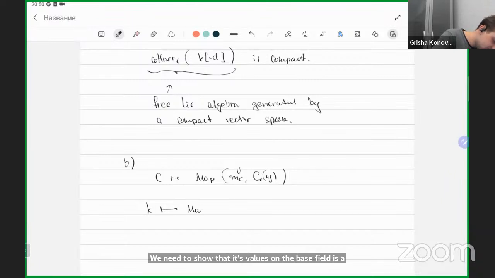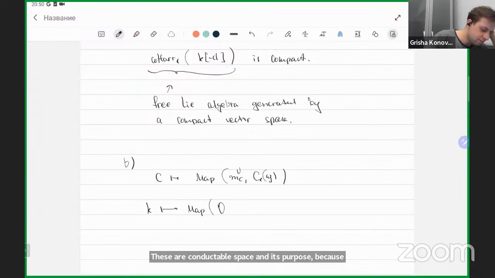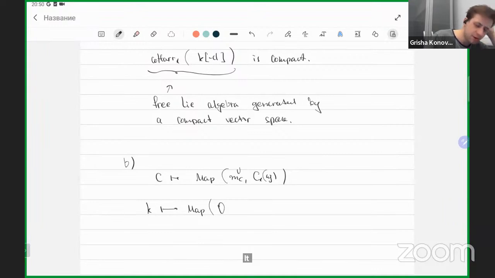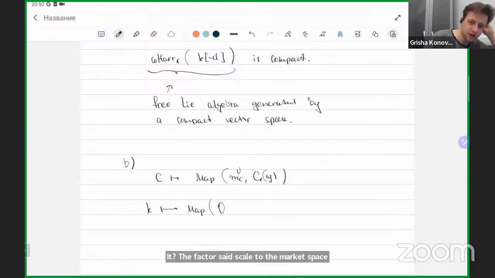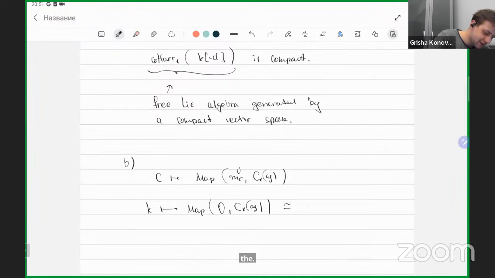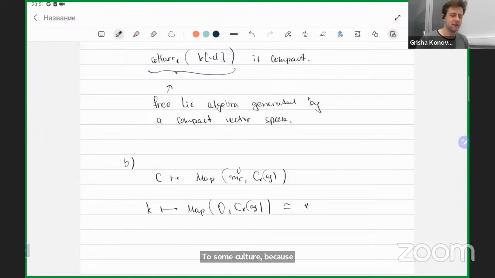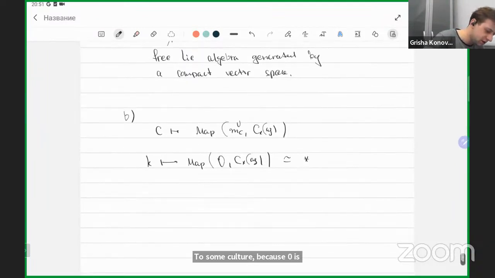And this is obvious because this is going to be the functor that sends k to the mapping space from the trivial coalgebra to some other coalgebra, and because 0 is an initial object in the category of coalgebras, the space is contractible.